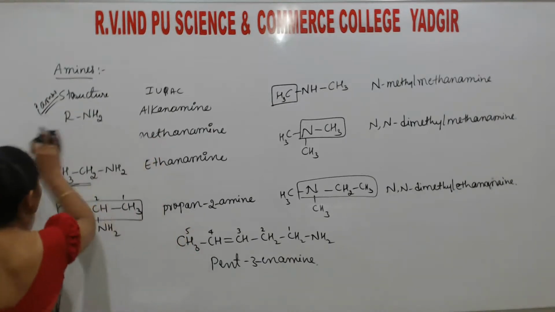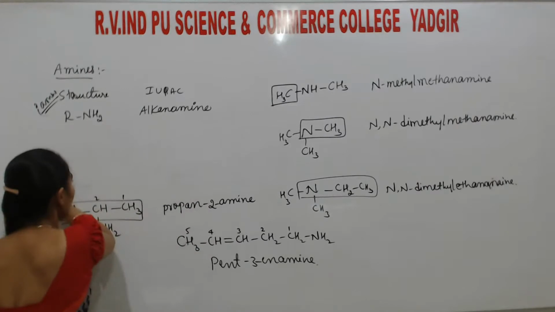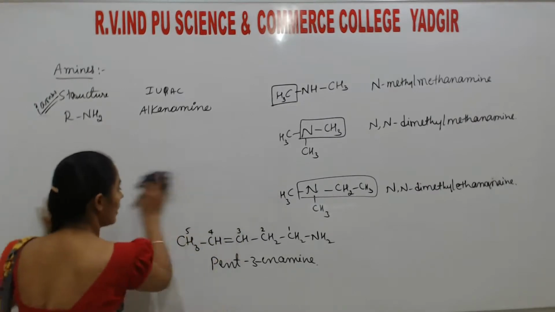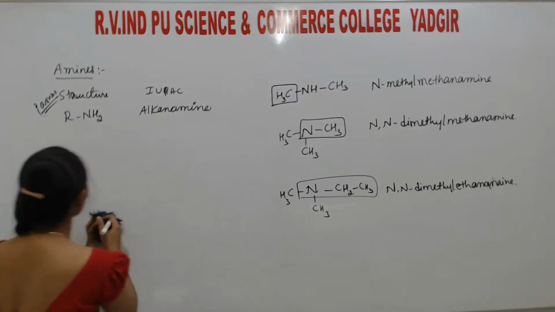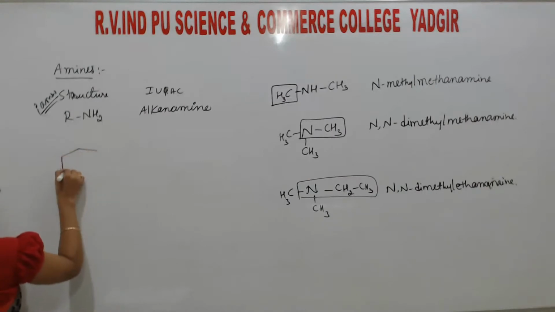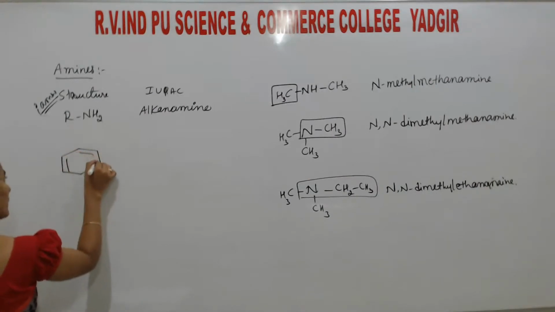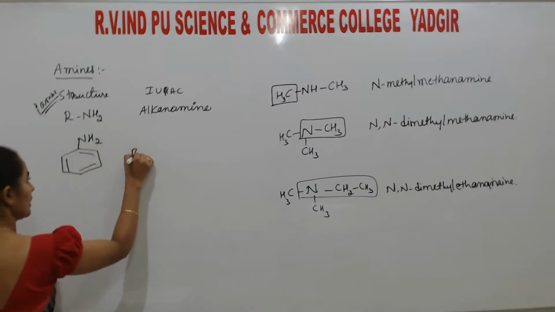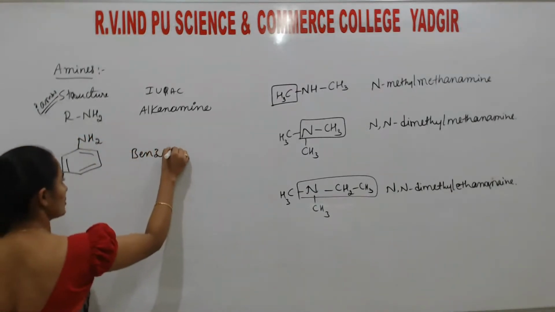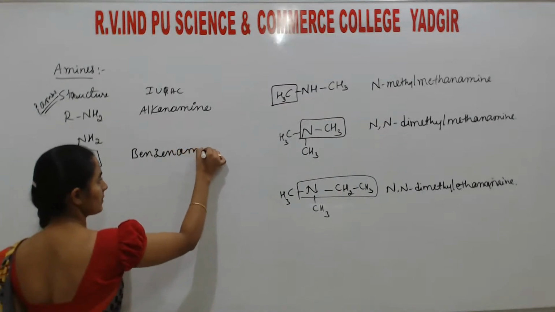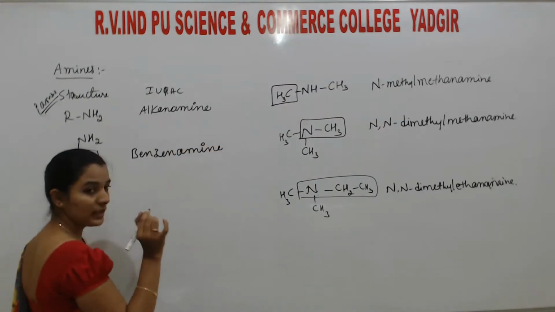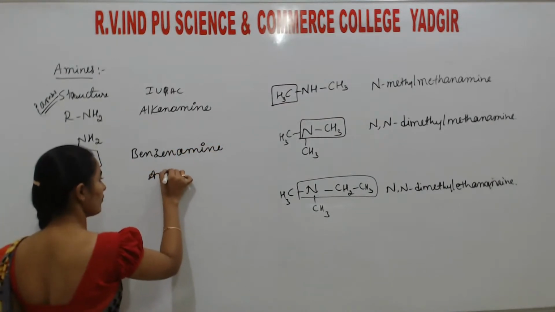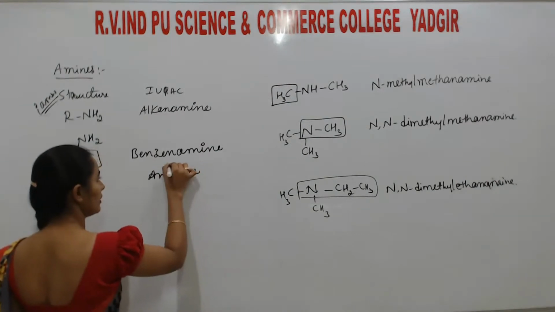So this is all about the nomenclature of the compound with aliphatic compound. So if you consider R compound by R, aryl compound means any benzene ring. So this is the benzene ring with NH2 group. That is, benzene is the parent chain. Last E is replaced by amine. Benzene amine. The common name for this is aniline.